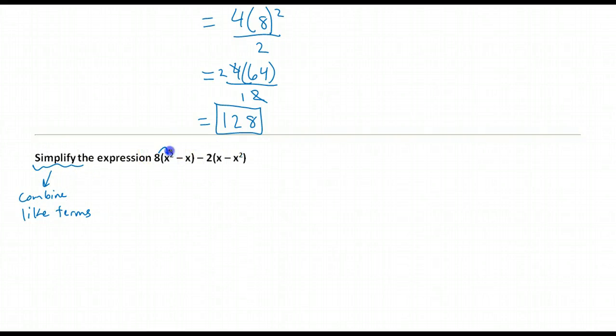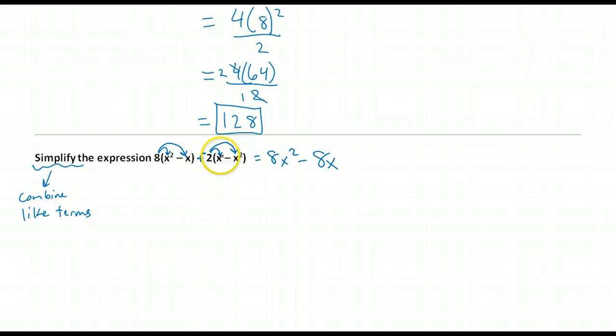So I'm going to distribute this 8 first. So I have 8x squared minus 8x. And then I'm going to distribute this 2. But it's not just any 2. This is really plus negative 2. So I'm going to distribute a negative 2.